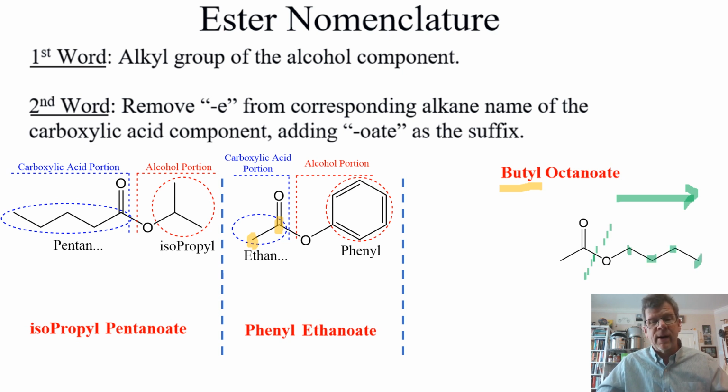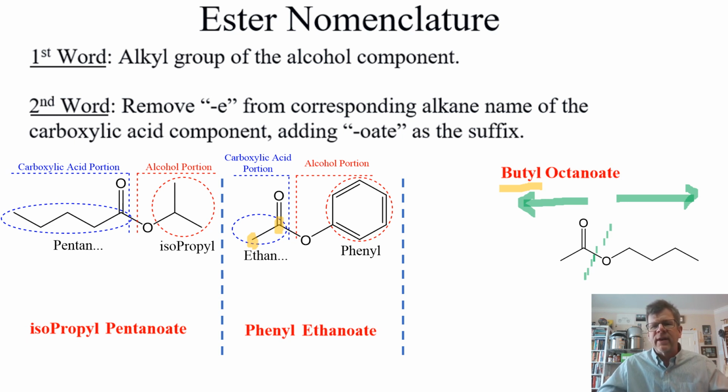Always good to count your carbons. It may seem like a rookie thing to do, but it is so easy to draw an extra carbon or drop a carbon. Count your carbons, ends and the bends, and you won't make that mistake. Well, then that means on the other side of that dotted line is our carboxylic acid portion, and that we have octanoate. Oct is 8.